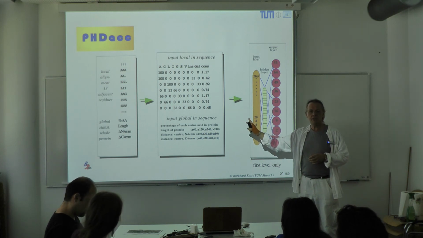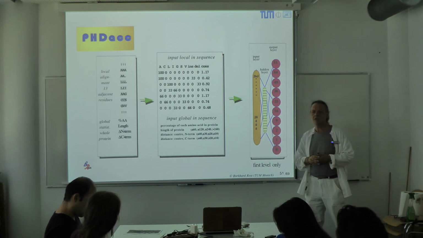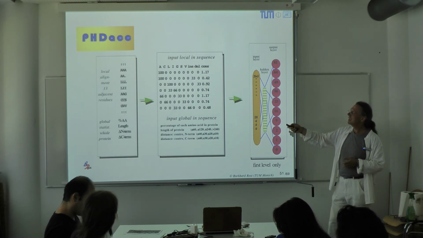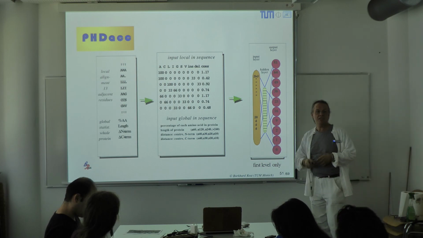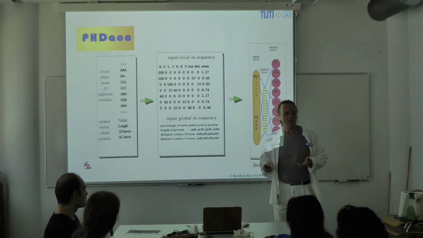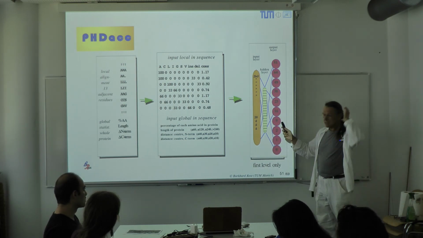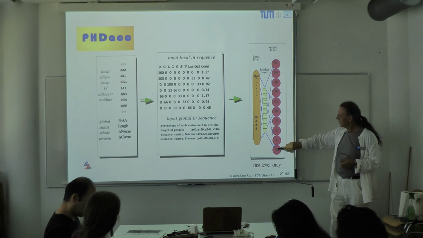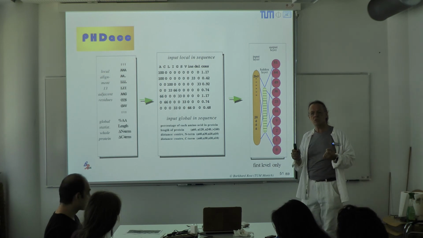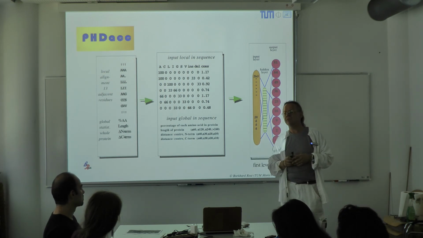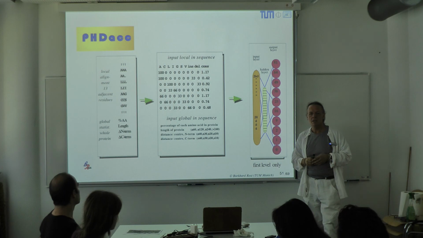Essentially, it's the same machinery that was used to predict secondary structure, using profiles as input, plus all kinds of other information. And this particular neural network had 10 output units, where each unit, 1, 2, 3, 4, up to 10, stands for the square of that number in terms of relative solvent accessibility.